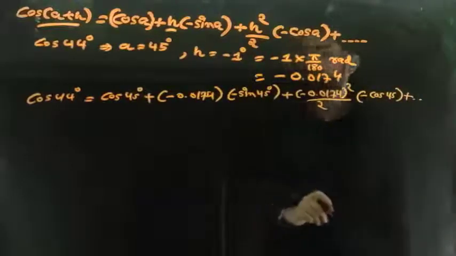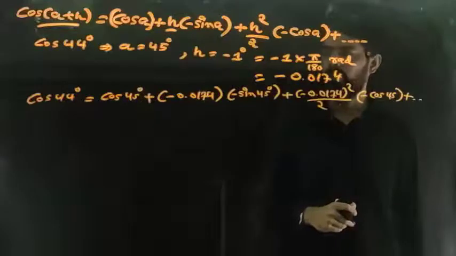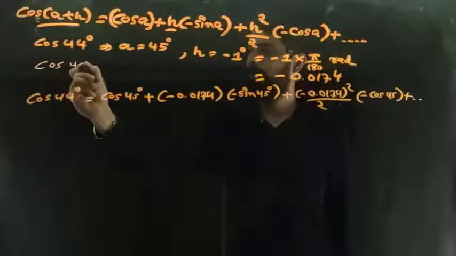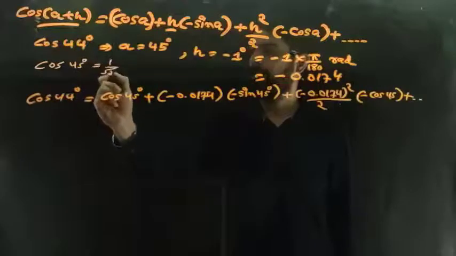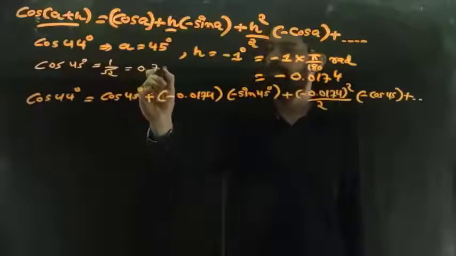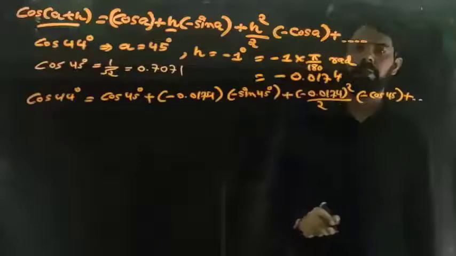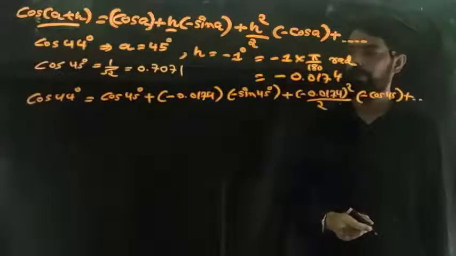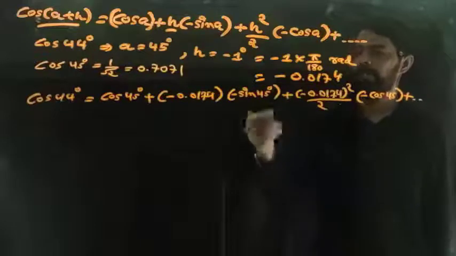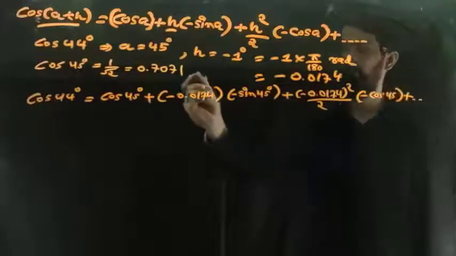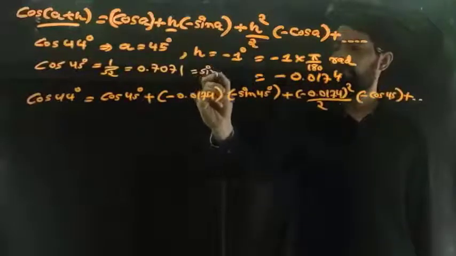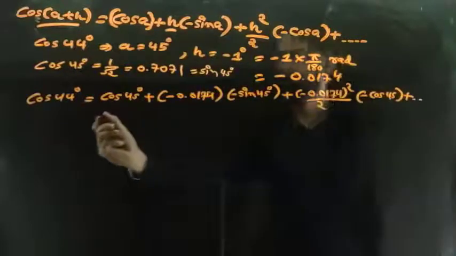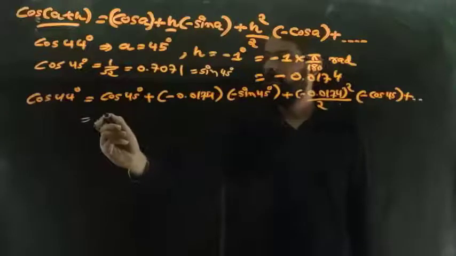The value of cos 45 is 1 by root 2, that means 0.7071. So we replace cos 45 by 0.7071, and the value of sin 45 will be the same, because sin 45 and cos 45 both are 1 by root 2.